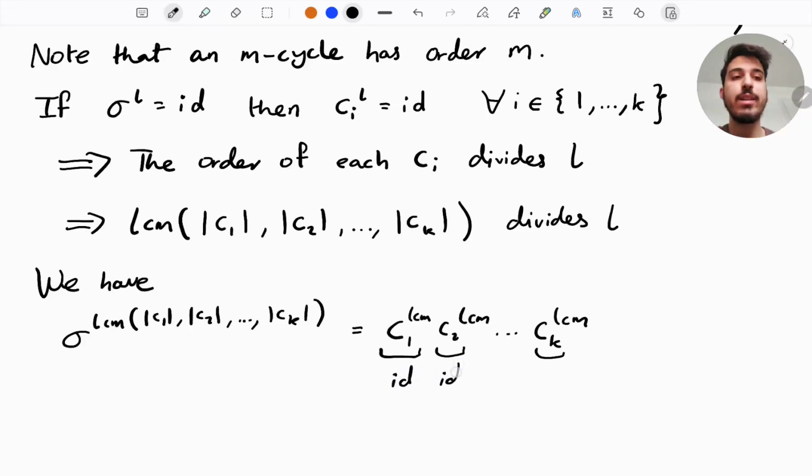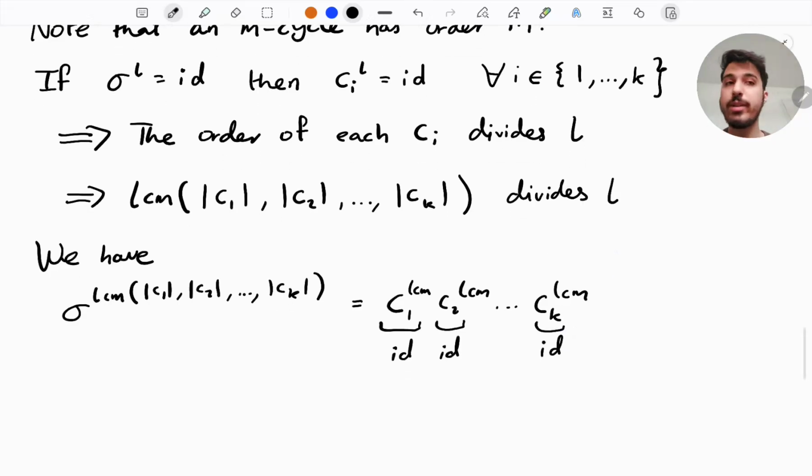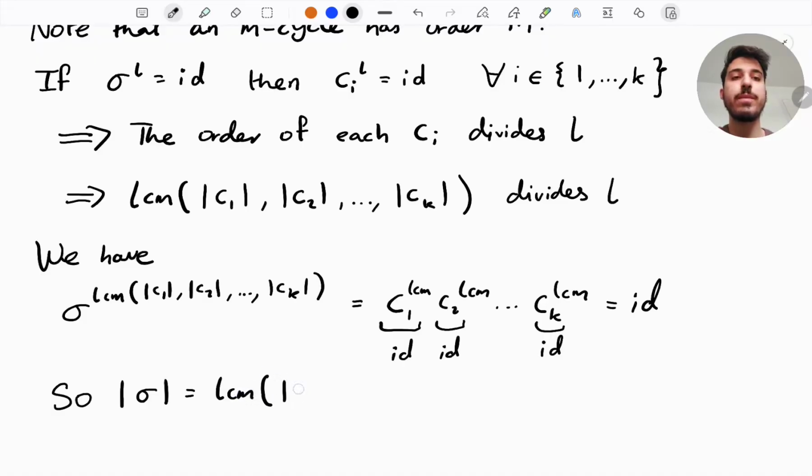This is identity, and this, and also that. So the product of all these identities is going to give us the identity element, thus making the LCM, in fact, the order of sigma. So the order of sigma is equal to the LCM of the order of C1, the order of C2, all the way to the order of Ck. And this completes the proof of this proposition.